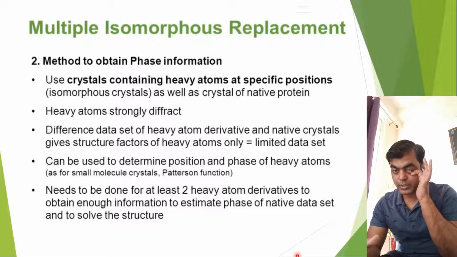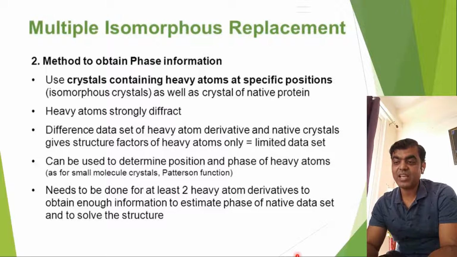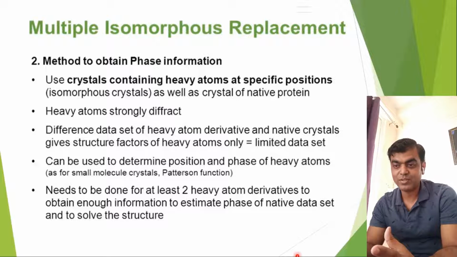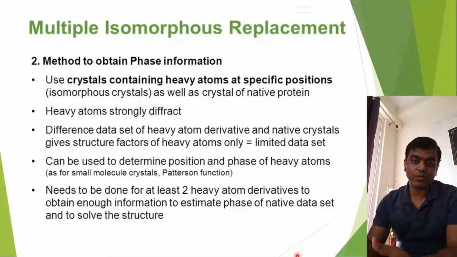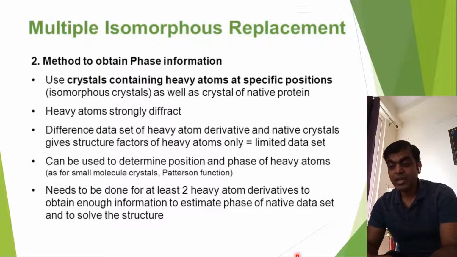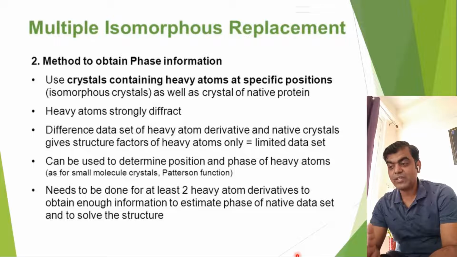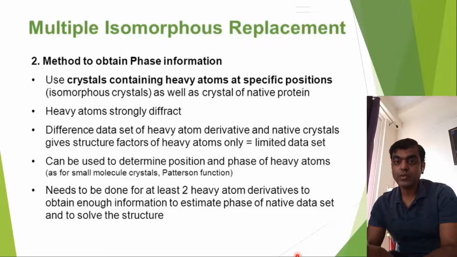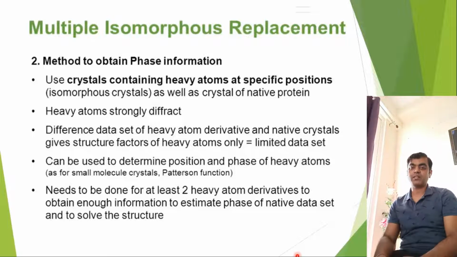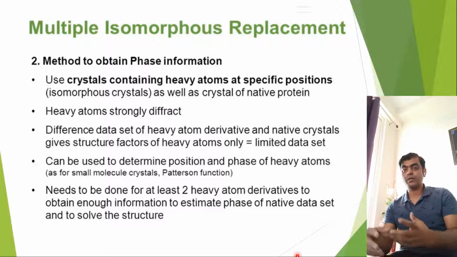So determine the positions of them and determine the phase of these heavy atoms. Once you have understood that, you can definitely transfer that information onto your structure. So at least 2 heavy atom derivatives are needed to obtain enough information to estimate the phase of the native data set and to solve the structure. So you need to have a minimum of 2 heavy atom derivatives. That is how you can do it.